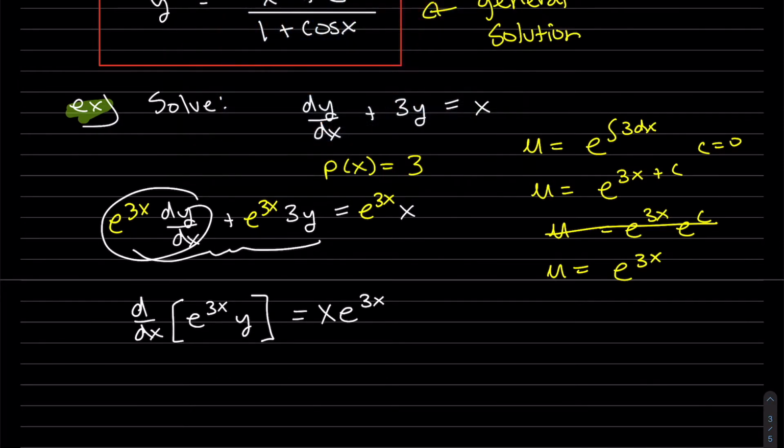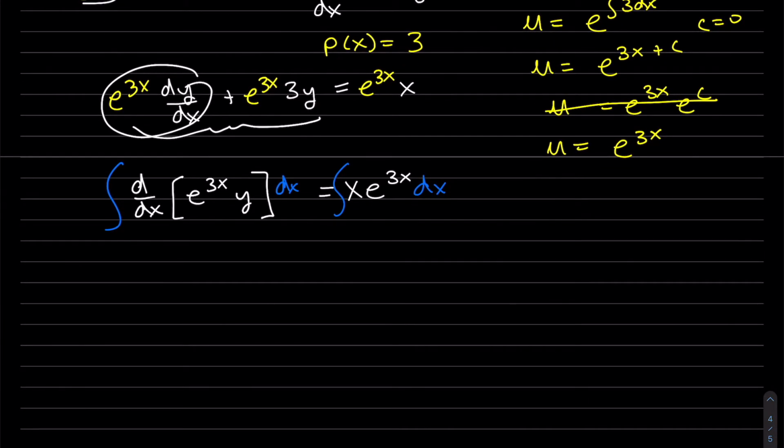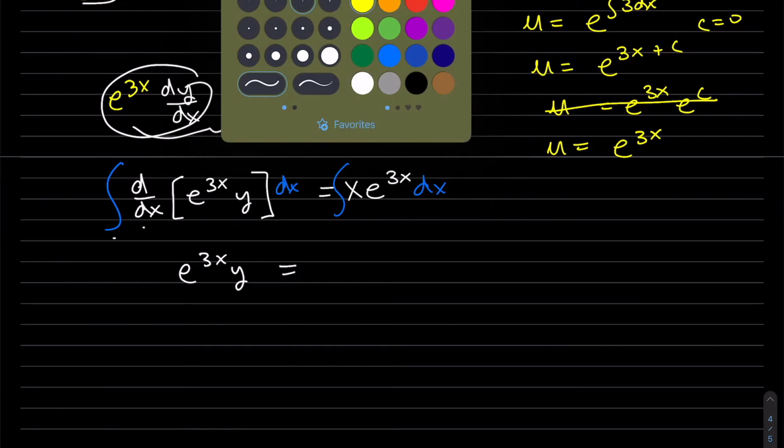Now we integrate. We did that so that we can integrate both sides. On the left, the integral and the derivative cancel. On the right, it looks like we need to integrate that. We need to use our Calc 2 technique of integration by parts.